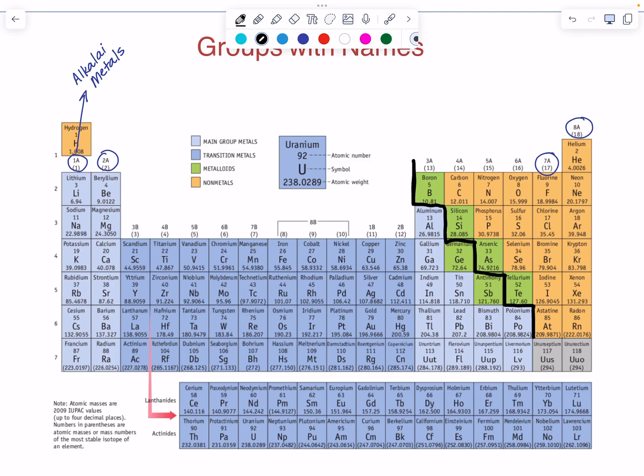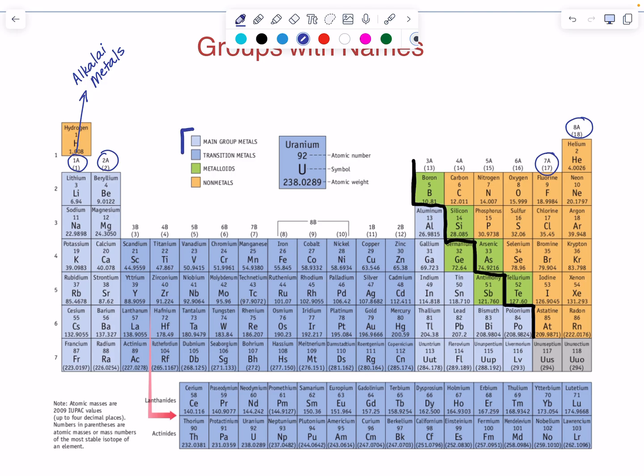That breaks the periodic table into everything to the left, which we consider metallic or metals, and the things to the right we consider nonmetals. And there's elements that are kind of in between. We call those metalloids. So everything that's in blue here is considered a metal.